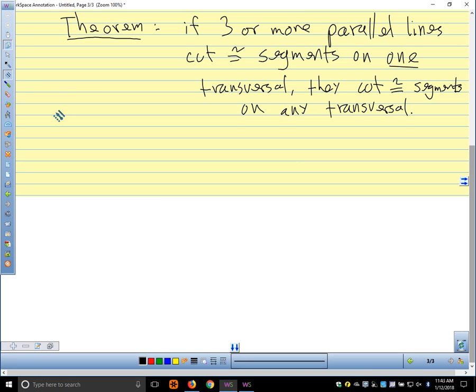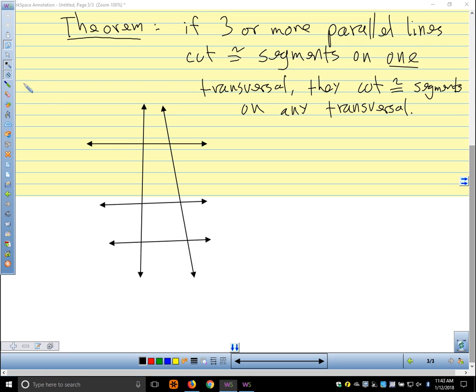So what we're saying here is if we have 3 parallel lines, so there are 3 parallel lines, and there are 2 transversals, and I'm saying that these lines are parallel. I know they don't quite look like it. And we know that these 2 segments are congruent. So I'm going to call this ACE and BDF.